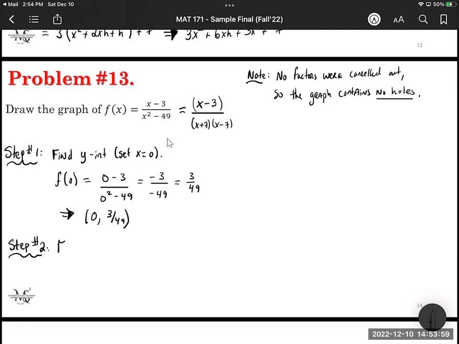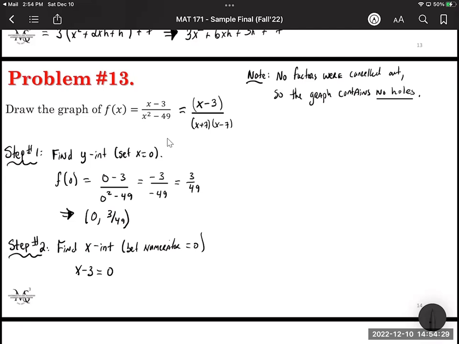is where we find, well, if I find a y-intercept, what else do I have to find? X-intercept. Find an x-intercept. Sometimes the graph might not have an x-intercept. For example, if it's just a constant term in the numerator, then it won't have an x-intercept. But if you want to find this x-intercept, you set the numerator equal to 0. The numerator was x minus 3.